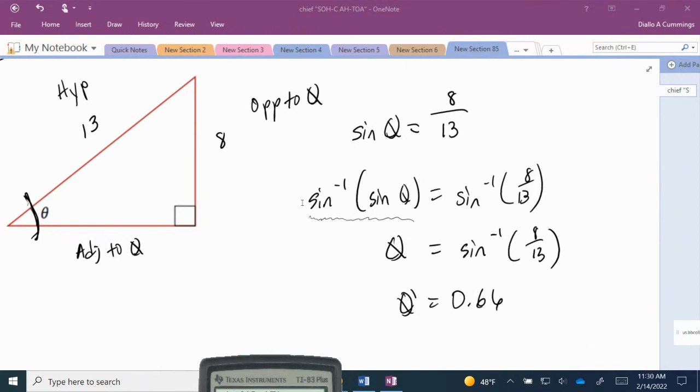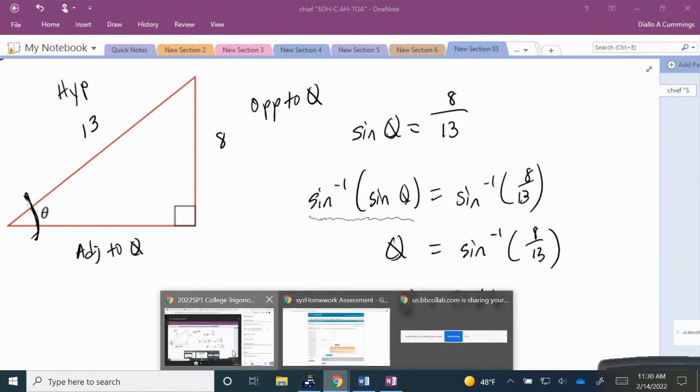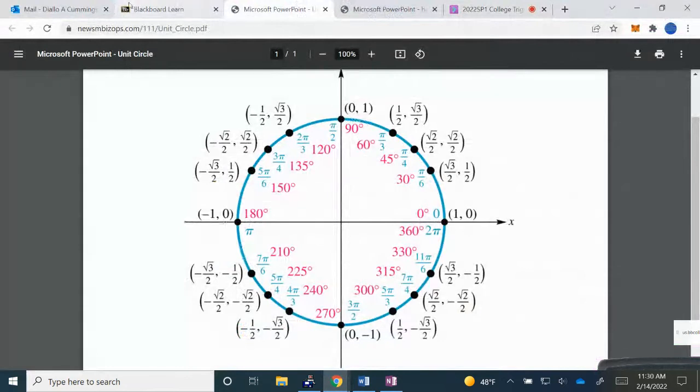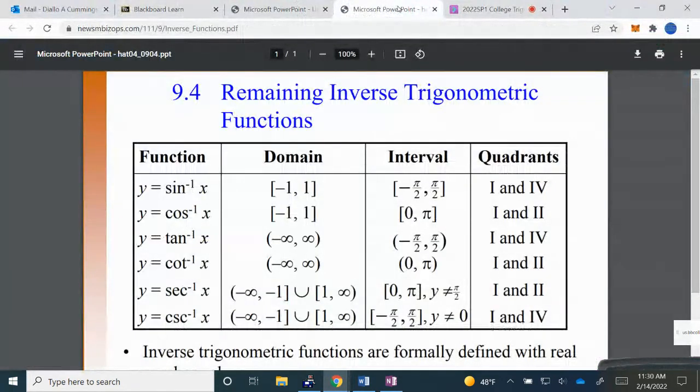All right, now I'm going to talk a little bit more about these arc functions or inverse functions. I'm going to refer back to the inverse function document. There's a couple of things we want to pull out from this particular chart.